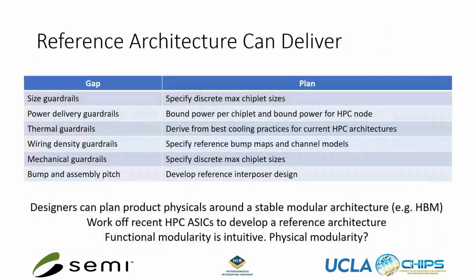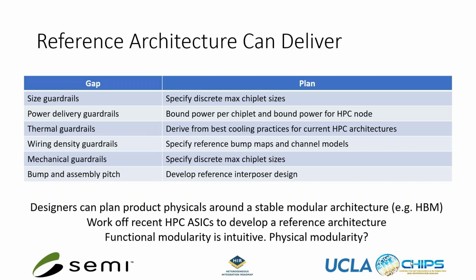Our thinking in general is that if you can develop a model reference chiplet architecture, it can deliver all these things. You can say, hey, this is the max number of chiplet sizes and types this architecture supports. There's a max package size this architecture supports.